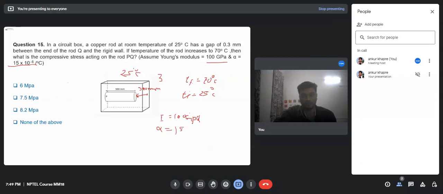It is around 15 into 10 to the power minus 6.